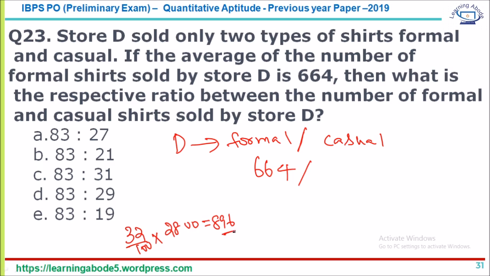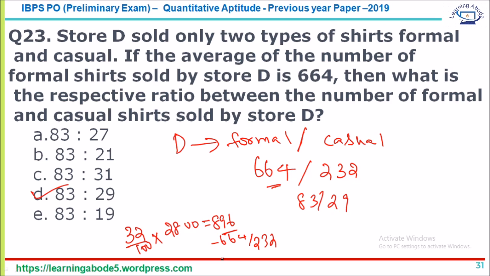In this 896, 664 is formal. If you subtract 664, you get 232. Now 664 and 232, 8 is common, so you will get 83 by 29. That's answer option D.